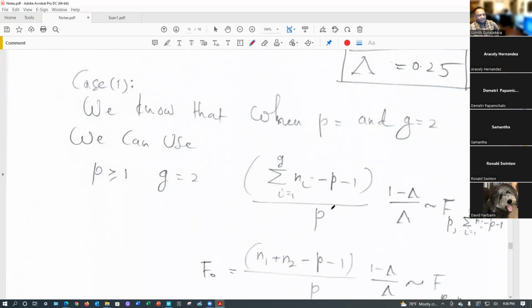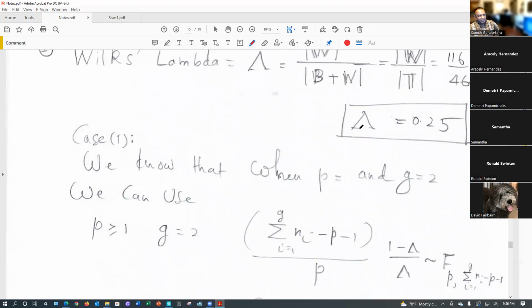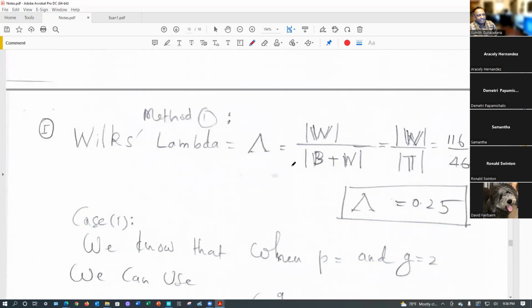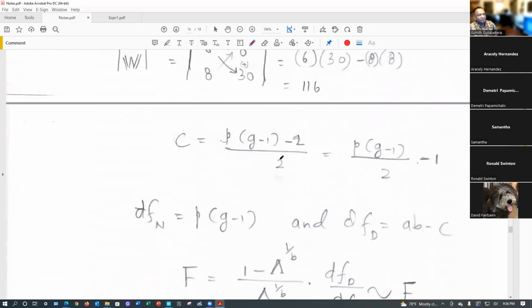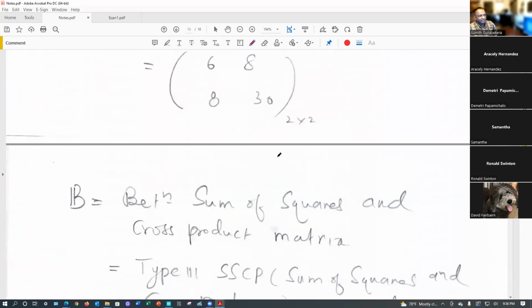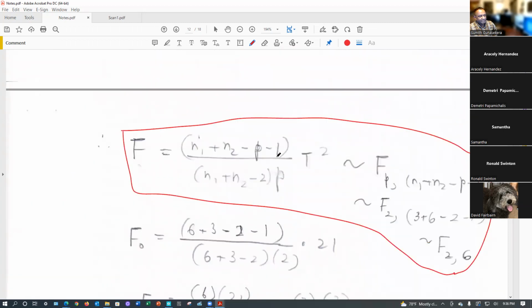Another way to look at it, we can build up the F from the Wilks lambda, since they are related. You can remember that discussion.